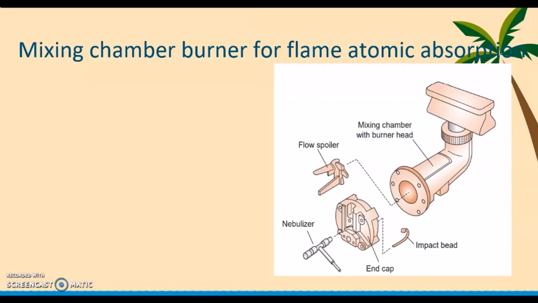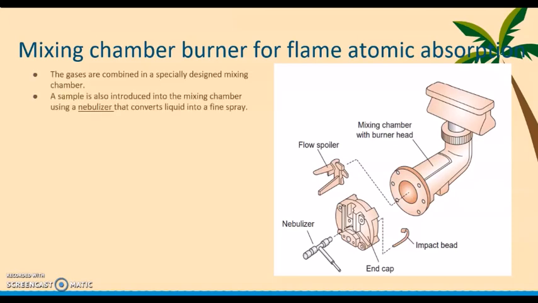We also have gas chambers present here in our atomic absorption. For gases, they are combined in a specially designed mixing chamber. First, we have here a nebulizer. The nebulizer is the one that converts the liquid into a fine spray. So this is our nebulizer. It converts liquid into a fine spray.